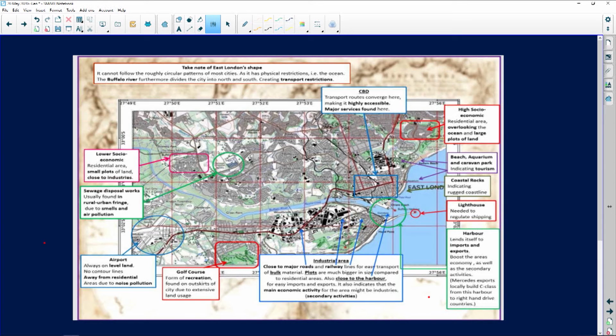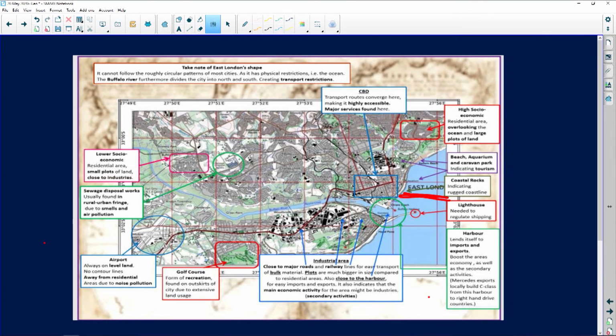First, let's start with climate. We need to recognize what type of climate we are going to experience here. It's a coastal area, so they experience different types of climates than a continental climate. Morphology is taking place here because we have the Buffalo River. This is the lower course of the river, as you can see.